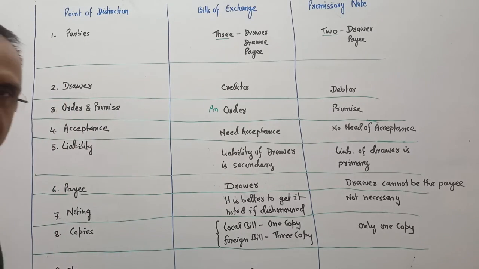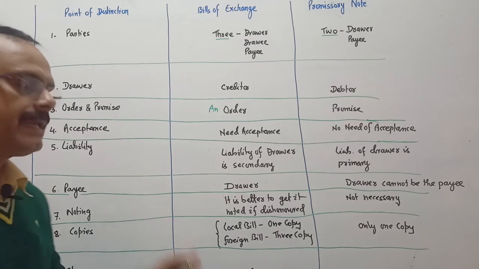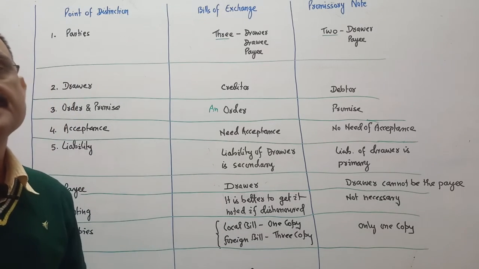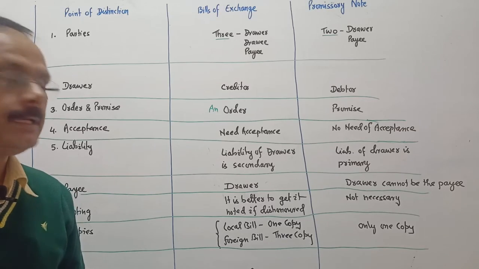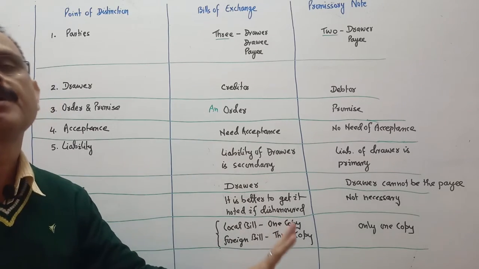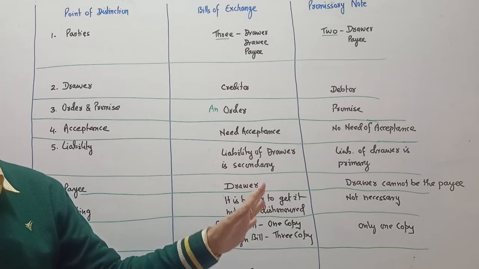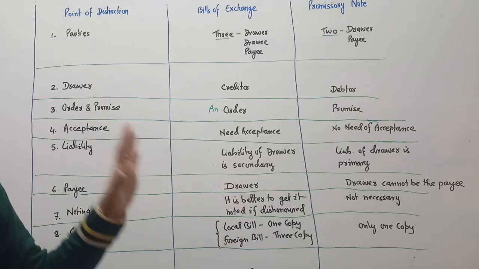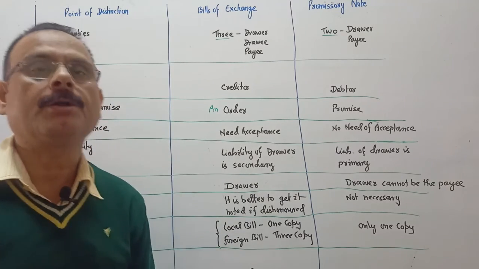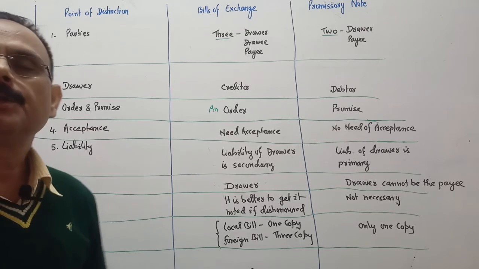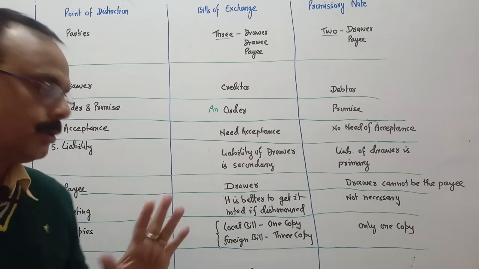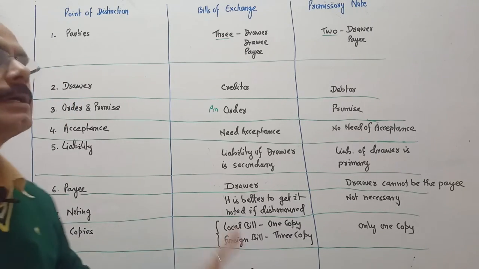Now stamps. If it is a demand bill, then no stamp is required. Otherwise, in other bills of exchange, stamps are required. If it is a demand bill, then no noting and no stamps are required.